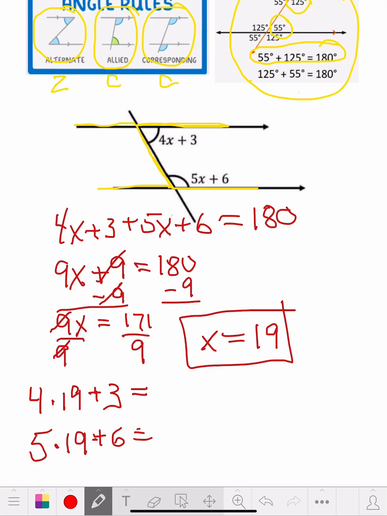So we get 4 times 19 equals 76. 76 plus 3 is 79. So this one's a 79.